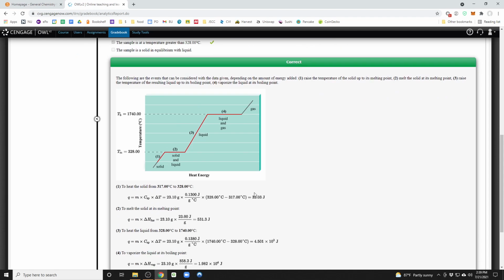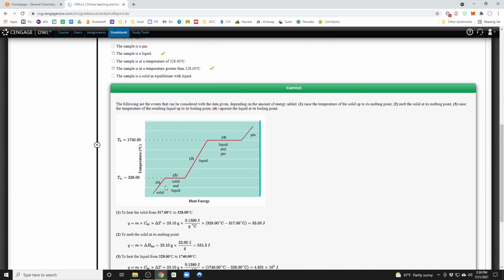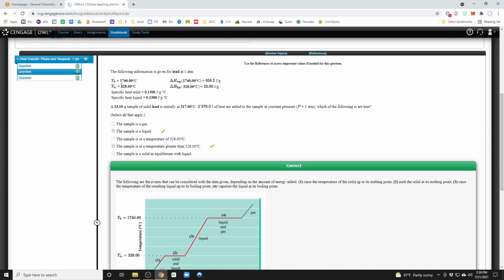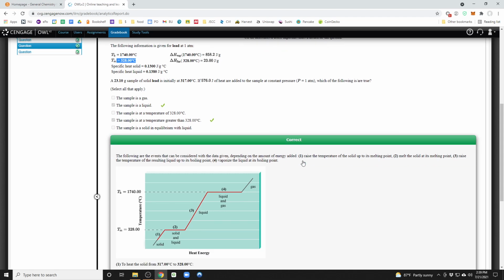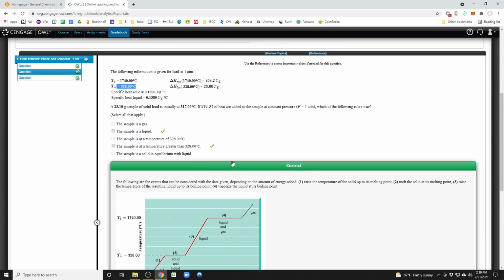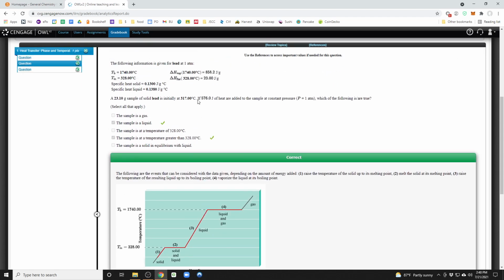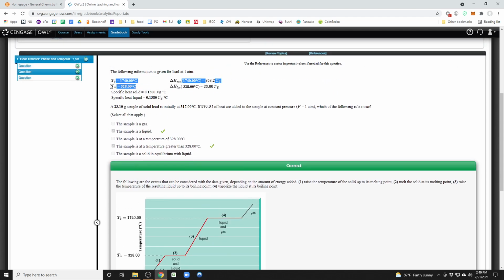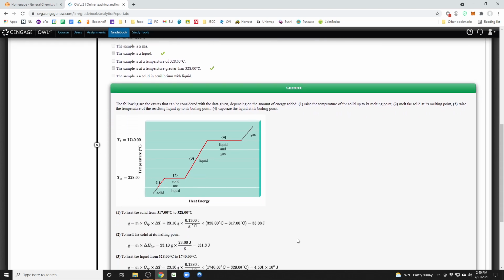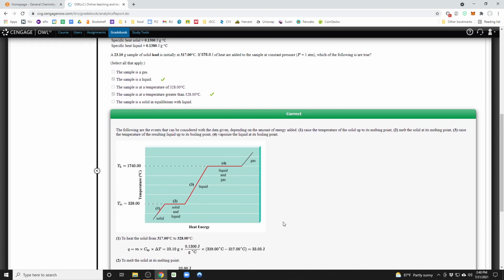Simple logic problem. We will start in region 1 here because we were a solid at the beginning, due to the fact that we're below the melting point. So we're going to start at 317.00 degrees Celsius, and go up to the melting point, which is 328 degrees Celsius, and see how much energy that is.